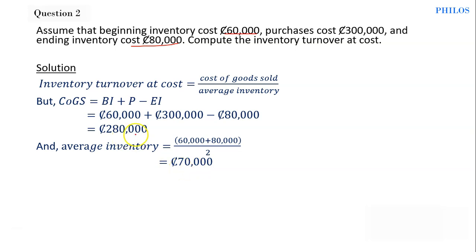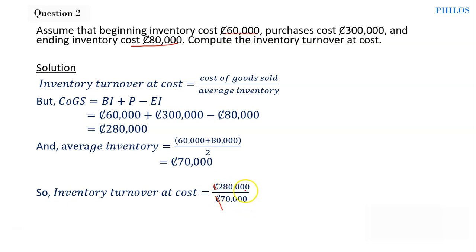So now we know the cost of goods sold and we know the average inventory too. So to get the inventory turnover at cost, we only substitute them into the formula. So inventory turnover at cost will be equal to the cost of goods sold, which is 280,000 cedis, divided by the average inventory, which is 70,000 cedis. So cedis cancel cedis.